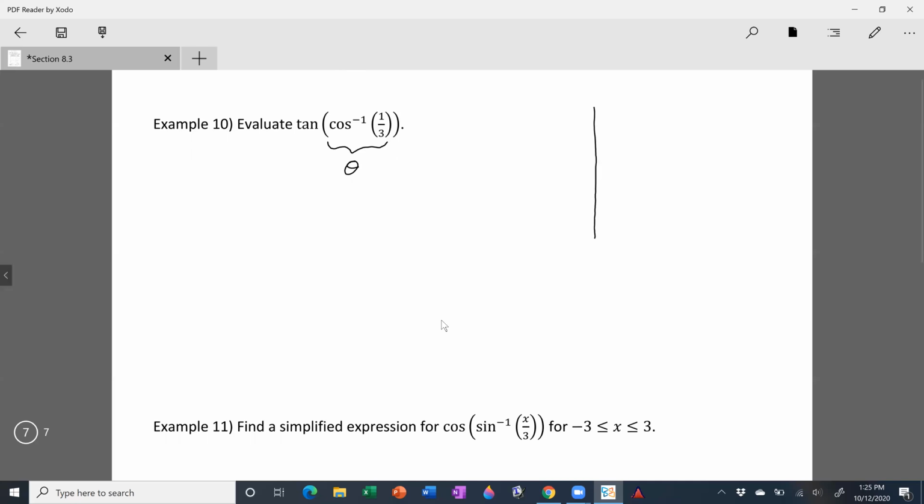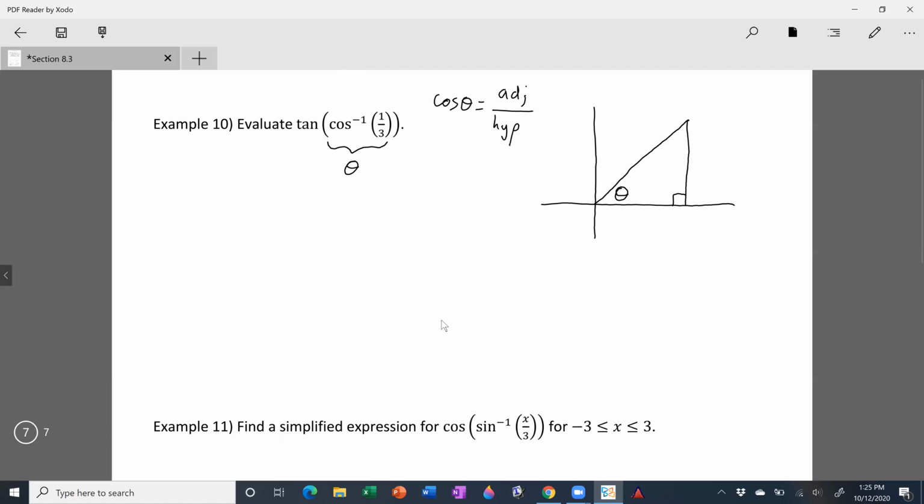Cosine inverse of 1/3. So this is going to be in the first quadrant. And so let's get a picture going here and say, all right, here's the angle. And then how does cosine work? Cosine of an angle is adjacent over hypotenuse.